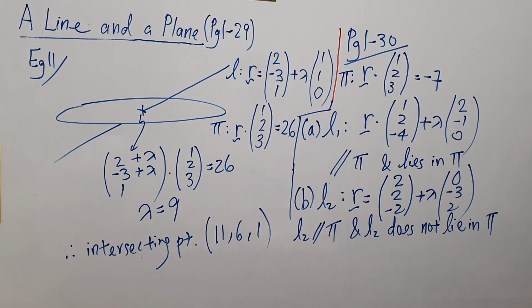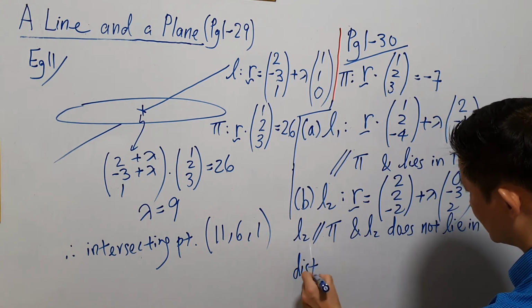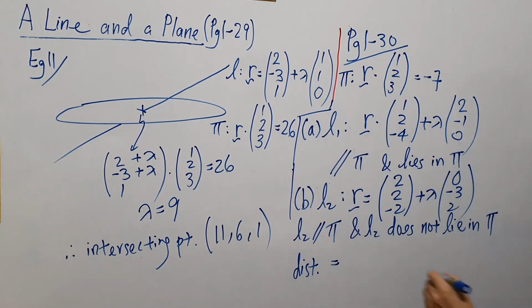Okay, so if the line L2 is parallel and doesn't lie in the plane pi, the next thing that we are interested in is the distance between this line L2 and the plane. How do you find distance again?